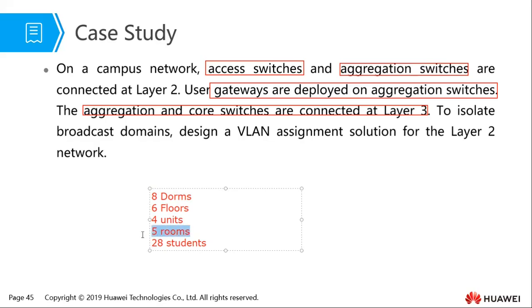Or do we create 5 times 4 times 6 times 8 so that we have a VLAN for each room? Remember, when creating VLANs, our main purpose is to isolate and reduce the broadcast domain. We want to isolate.